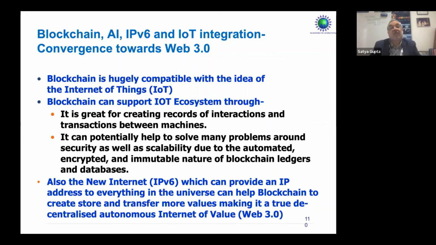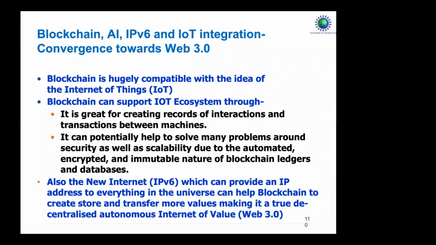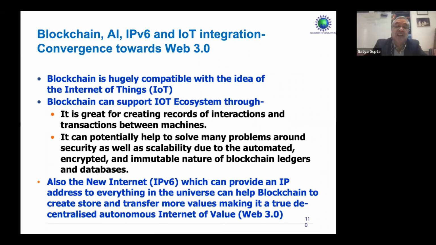It will be the convergence of blockchain, AI, IPv6, and IoT, and it will convert your metaverse into a distributed metaverse, which will be called Web 3.0. So it will be called the decentralized autonomous internet of value. Decentralized and autonomous. The metaverse is not that.